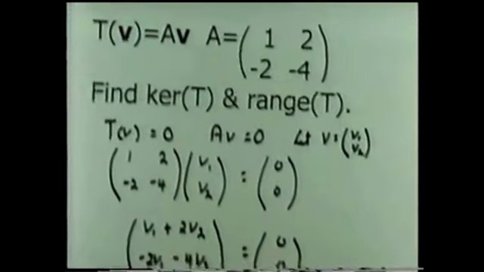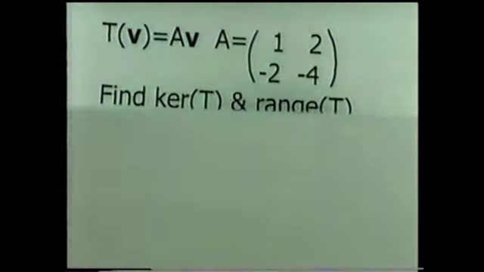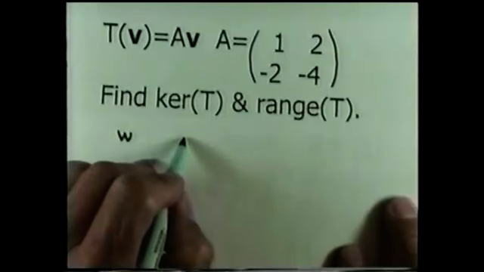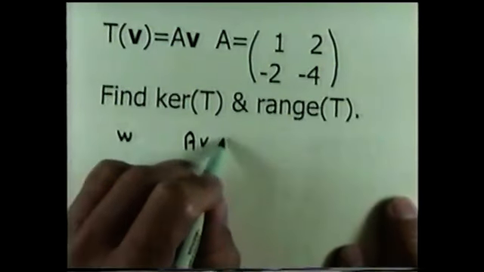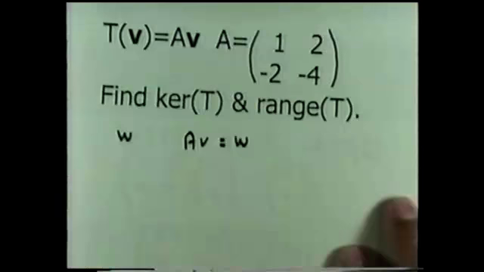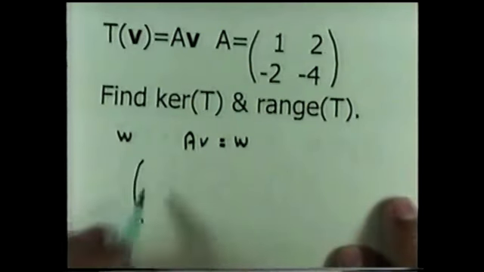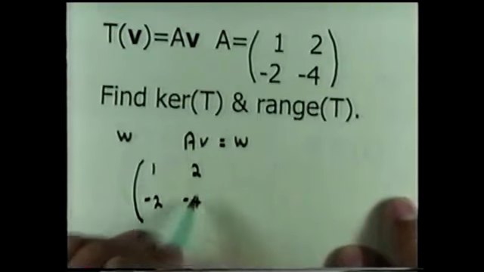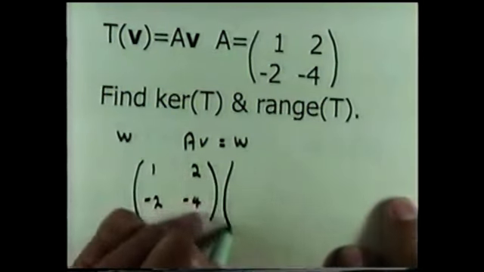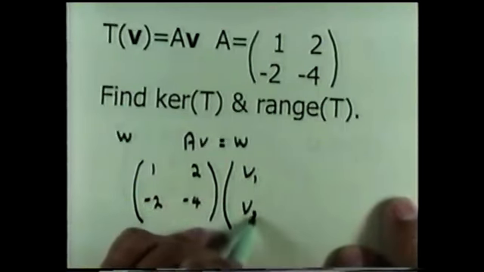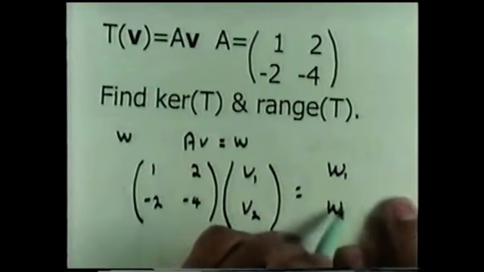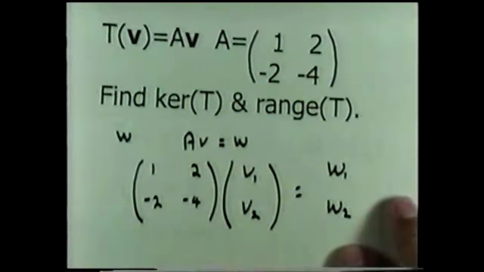Now we want to get the range of T. Well, the range of T is going to be the set of all w such that Av is equal to w. So I would have [1, 2; -2, -4] times [v1, v2] is equal to [w1, w2].